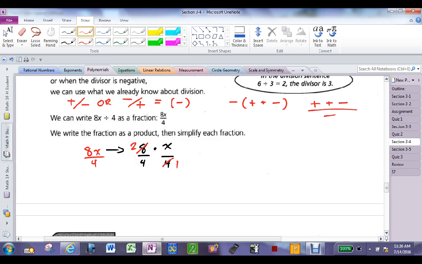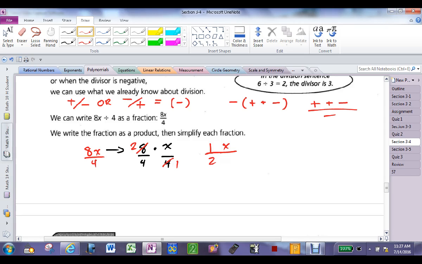And then what happens? Check vertically. So what happens there? 2 goes into 4. It's going to be 1 over 2 with an x. Does that make any sense? No, it doesn't, does it?